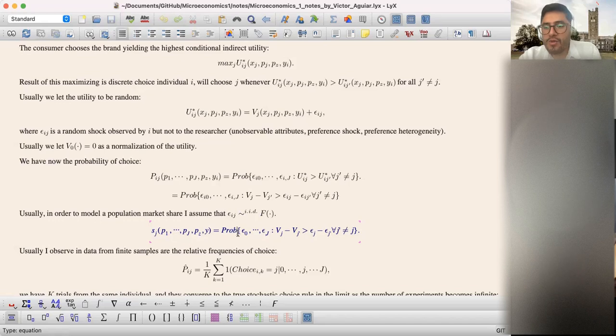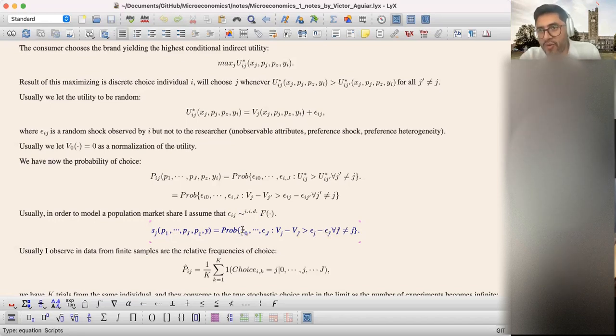This is equal to the probability of the event that the difference in indirect utilities, Vj minus Vj prime, the mean utility, is greater than or equal to the difference epsilon j prime minus epsilon j. And this is the probability of this event.